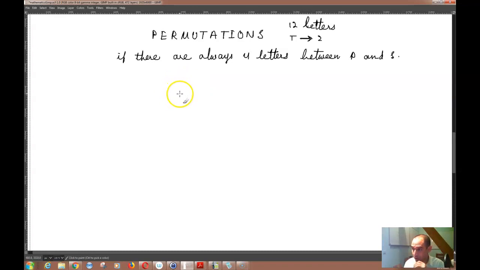Now, the way that you can solve this part of the problem, and I did make a logical mistake here, is that you know that the letters have to be arranged in such a way that there are always 4 letters between P and S. So basically that means the positions of P and S are fixed.